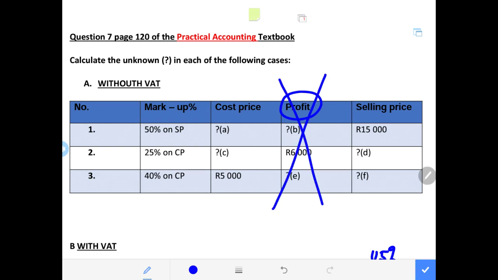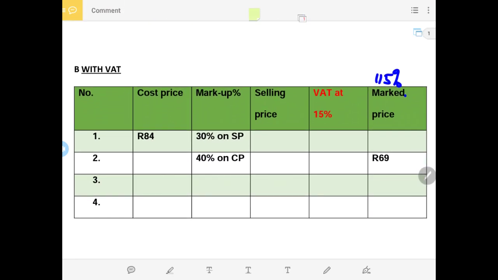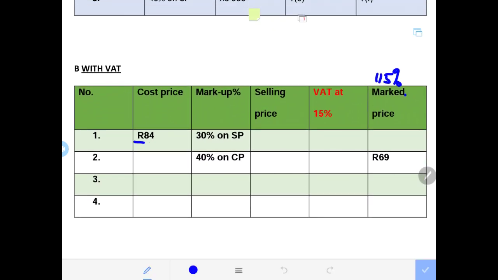Then you have selling price, VAT, and markup percentage. So that means we can now calculate from the cost price to the selling price. Our selling price, we must calculate from the rand amount we have, which is cost price.